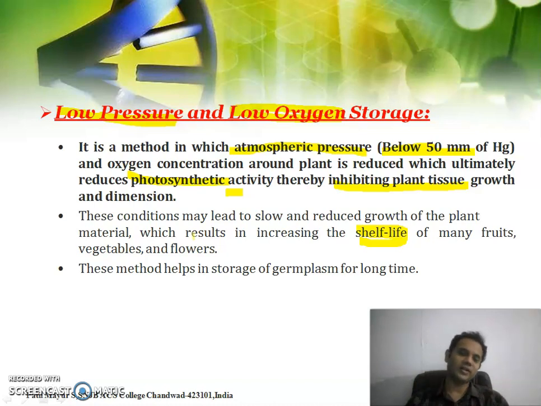Being biology students, we have the responsibility to conserve our biodiversity, and for that germplasm conservation becomes indispensable, it becomes obligatory. These are some of the methods by which we can conserve, such as cryopreservation, cold storage, and low pressure and low oxygen storage.